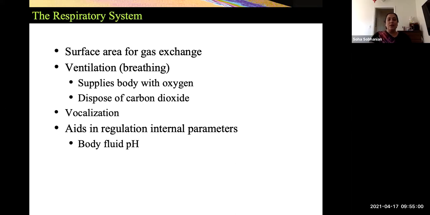And then one that I don't really go into detail on, because it's heavily physiology related, is that with the help of your respiration, which is basically inhalation and exhalation, you can actually regulate what happens inside your body. One of the biggest things that you can control is your blood pH.